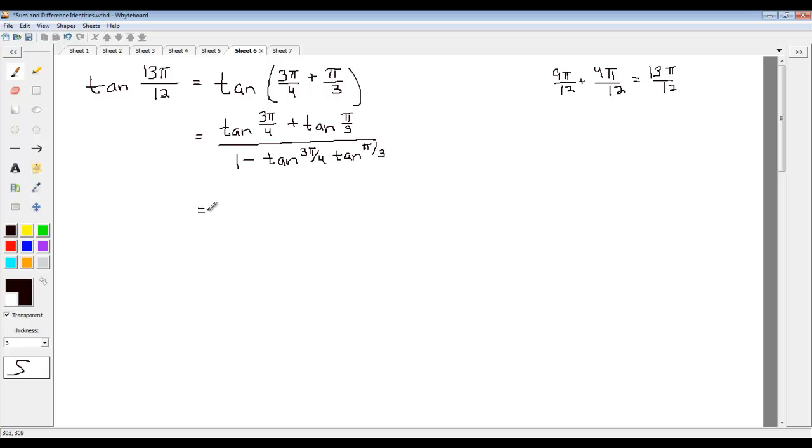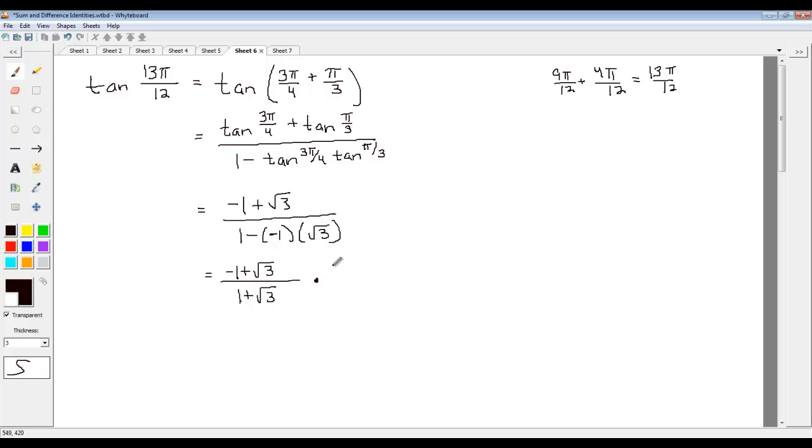So that equals, let's see, tan of 3 pi over 4 is what? Negative 1. Plus tan of pi over 3 is square root of 3. All over 1 minus negative 1 times square root of 3. So I get negative 1 plus square root of 3 over positive 1 plus square root of 3.